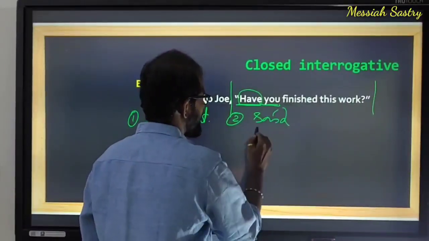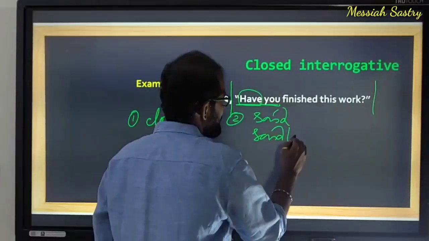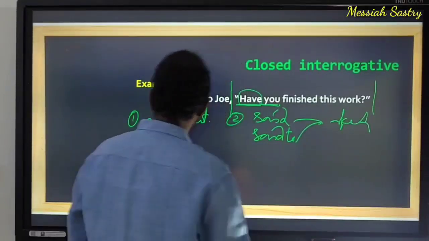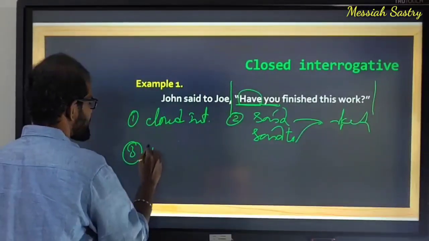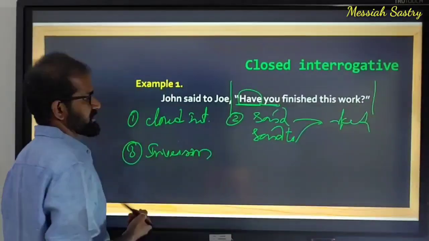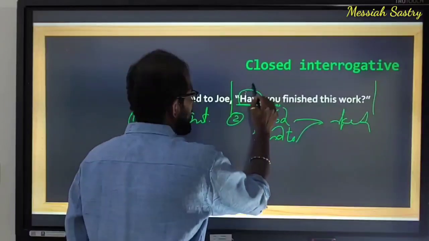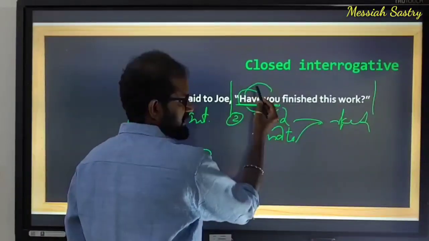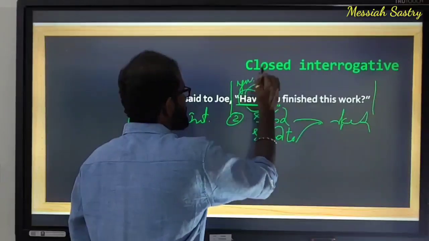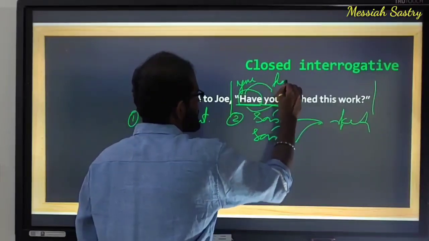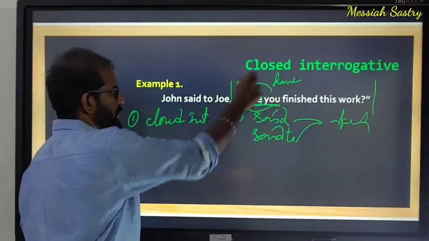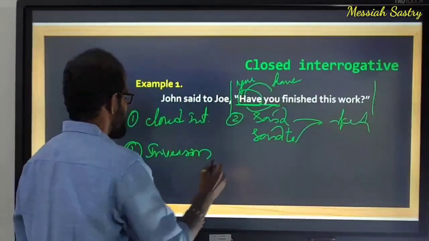First, said or said to changes to asked. The third point is inversion. What is inversion? Subject and helping verb change their places. You comes here, have goes there. They interchange.